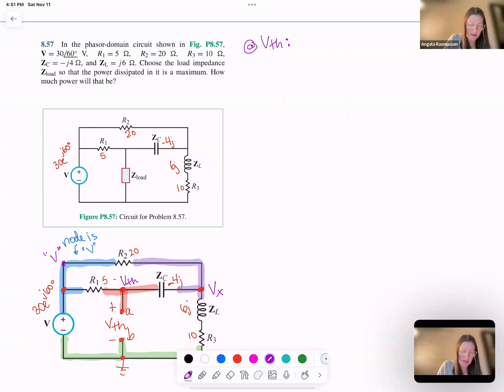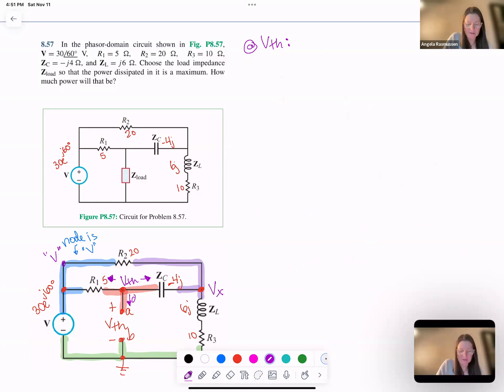At the VTH node, I only have the current going to the left and the current going to the right. Notice that because the node VTH is open, there's no current going through that. This is a floating wire, so zero current goes through that one.